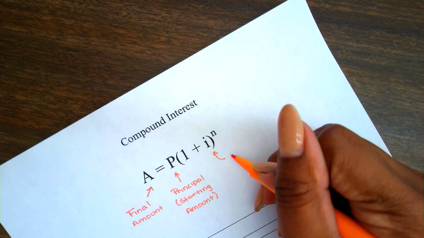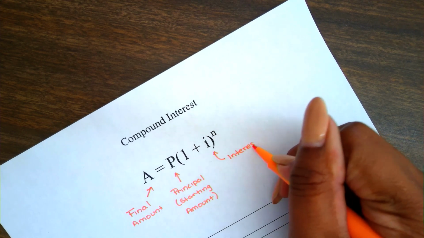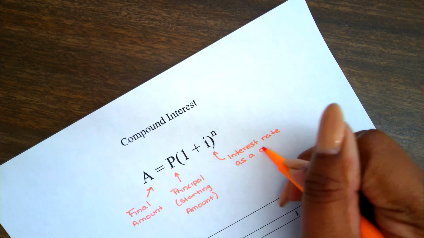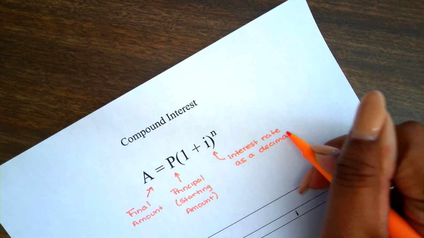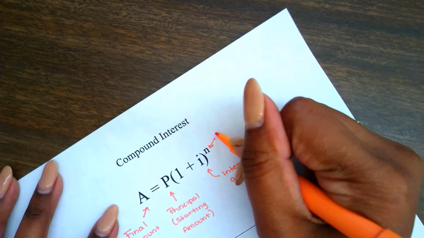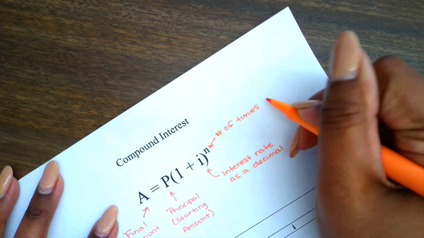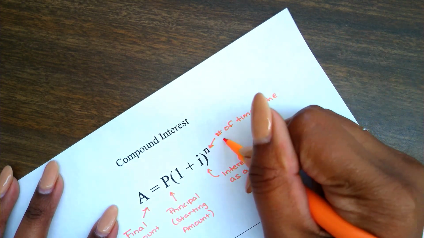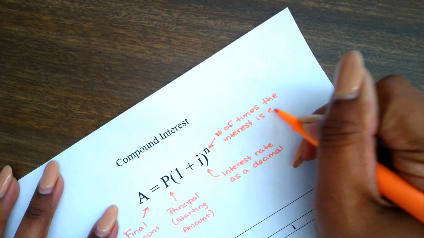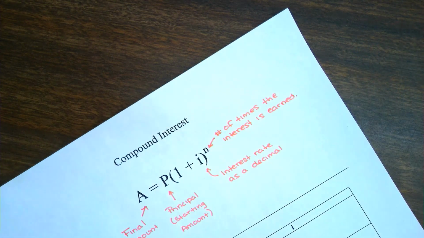I represents my interest rate as a decimal. Very important, as a decimal. And N represents the number of times the interest is earned. That's very important. That's basically what we're going to look at in this table on this page.